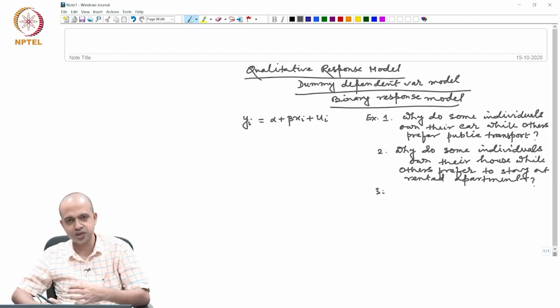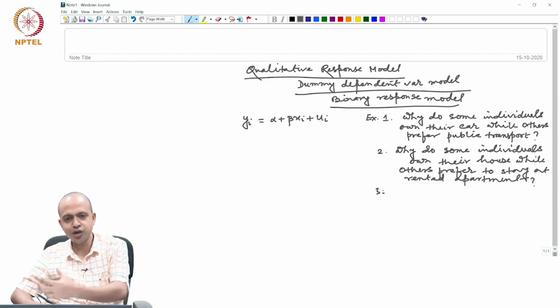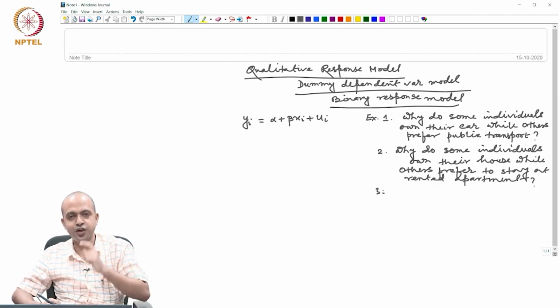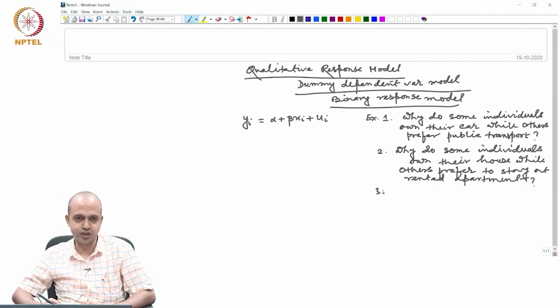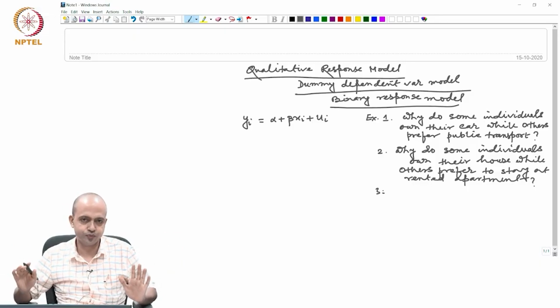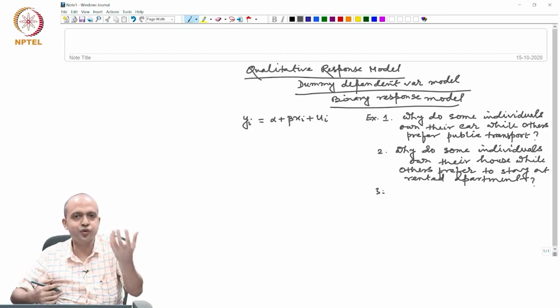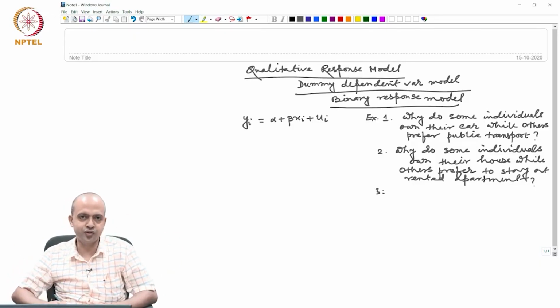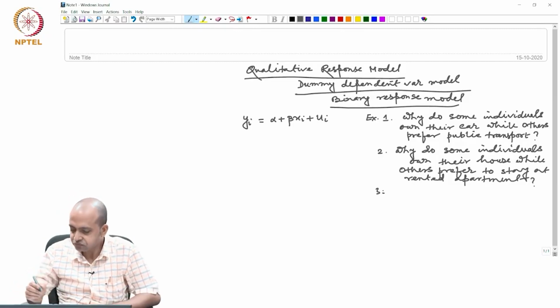But in all these cases, the qualitative information is only for the dependent variable, and that you have to regress on what collateral the household has, what monthly income the household has, the dependency ratio, education, sex, gender, and so on. With all these factors, you are going to explain whether the individual's loan will get approved or not, right.